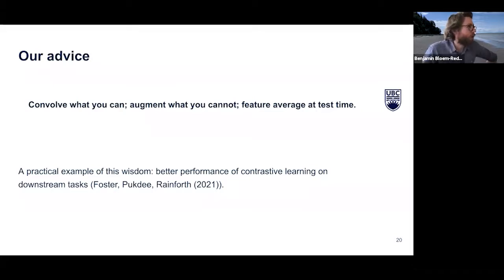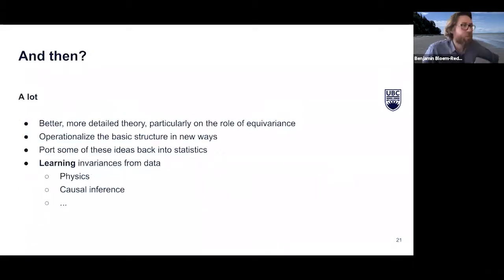Okay, so I'm going to spend the last couple of minutes just briefly mentioning what I think is next and what I think is exciting. In the last couple of years, we have made a lot of progress in understanding, especially in the context of deep learning, symmetry, both in terms of what we can do with our neural network architectures and the benefits of using, say, convolutional architectures or feature averaging or data augmentation.